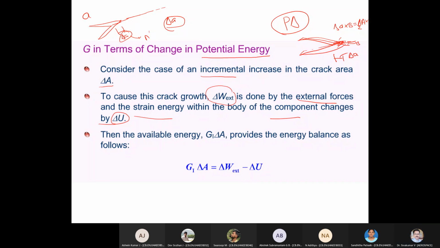So the available energy is G1 into delta A. This is rate, so it has to be multiplied with delta A.